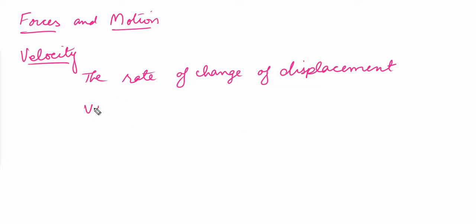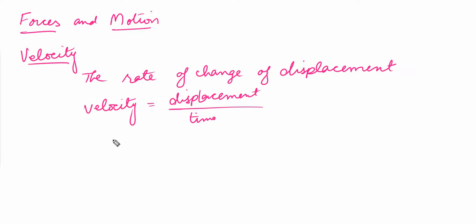So I can write it as velocity equals displacement divided by time, and I can write it as v equals d by t. The unit of velocity is the same as that of speed, that is meters per second.